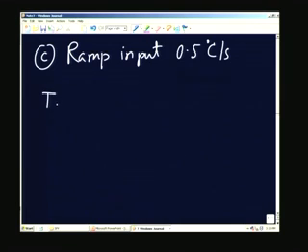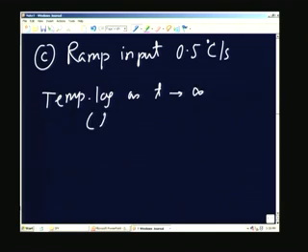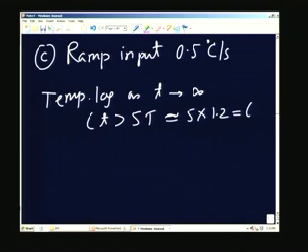So, we will say that is the temperature lag as t tends to infinity. In this case, t must be greater than about 5 tau, let us say, and tau is almost 1.2 seconds. This will be equal to 5 into 1.2 roughly, and this is about 6 seconds.